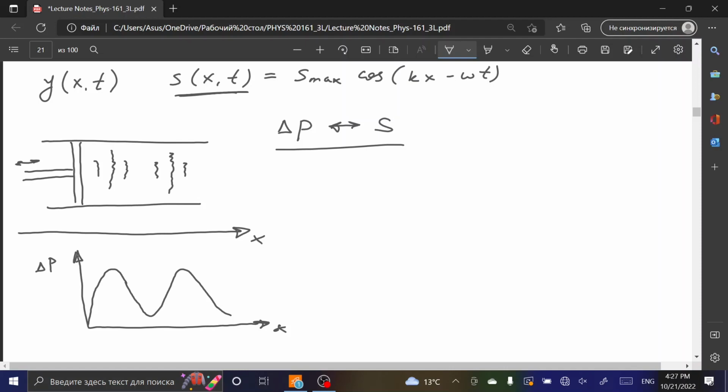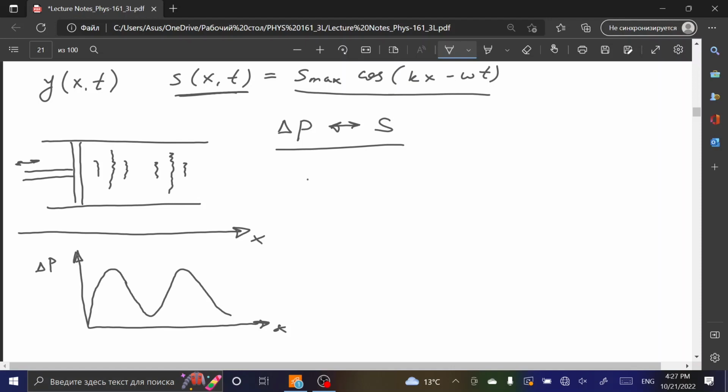However, we have this wave function for displacement of elements, which we can borrow from previous discussions. But we don't have the relationship with pressure change. So in order to make this step from displacement of some elements of the medium towards the pressure, we need to introduce such a parameter as bulk modulus.